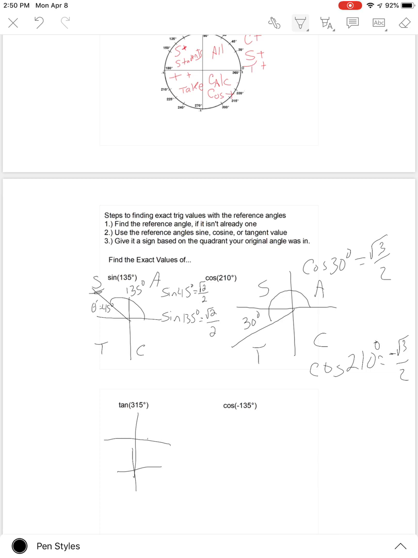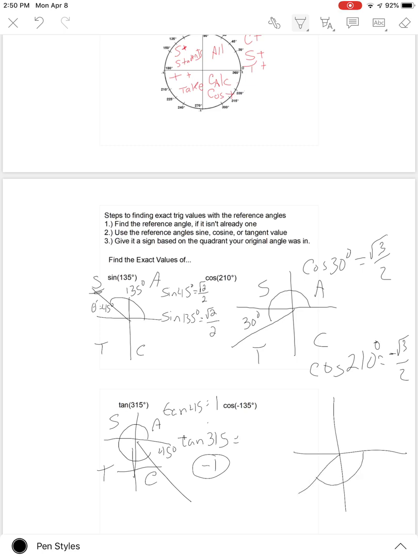All right, tangent of 315. So 315 puts us in the fourth quadrant. My reference angle is 45 degrees. Tangent of 45 degrees is going to be 1. But all students take calc. Cosine is the only one that's positive, so the tangent of 315 degrees is a negative 1.